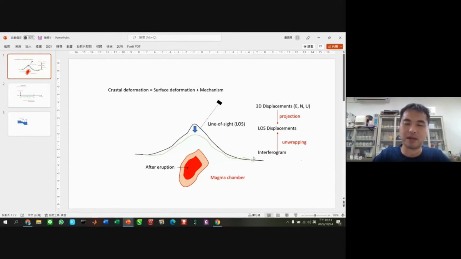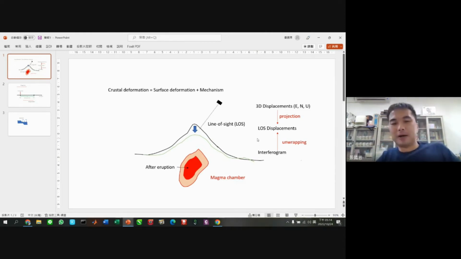The line of sight displacement only provides us limited information, and if we have ascending or descending only, then we have one component of information.